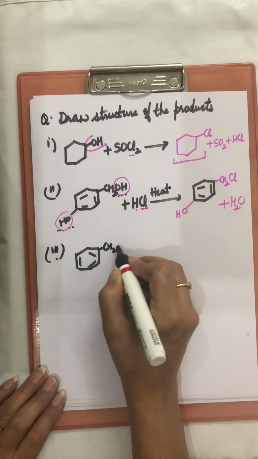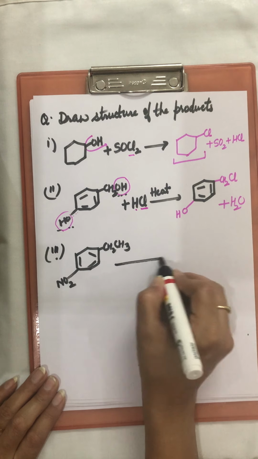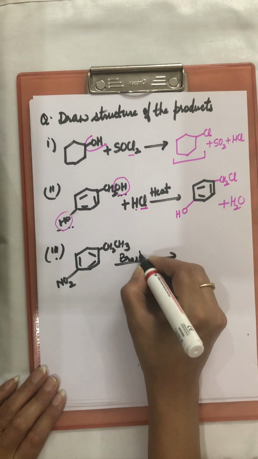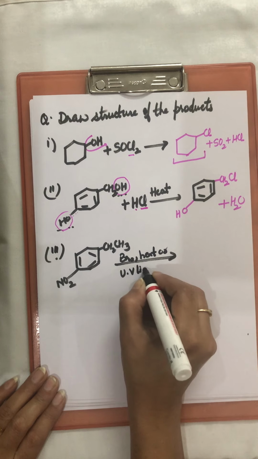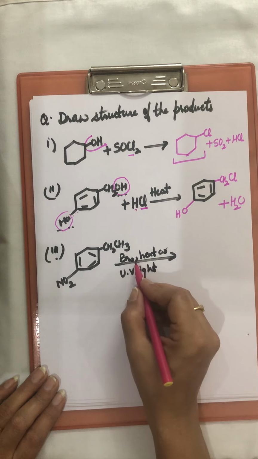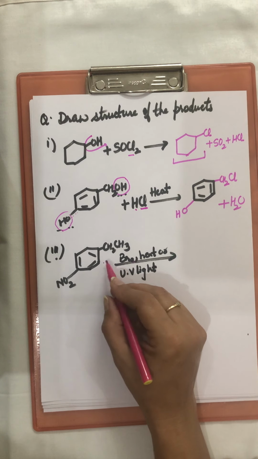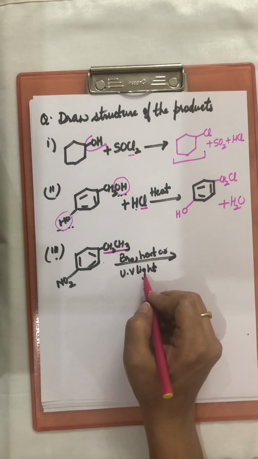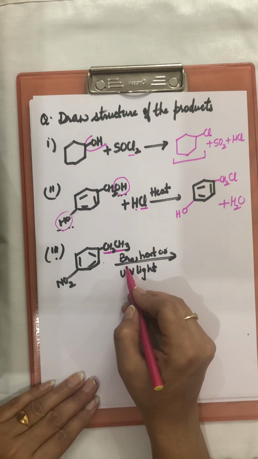Now this compound is reacted with bromine, heated, or UV light we can use. Then we know that substitution takes place when the halogens are reacted with a compound that has a hydrocarbon part and heat or UV light is used, then hydrogen is substituted by halogen.